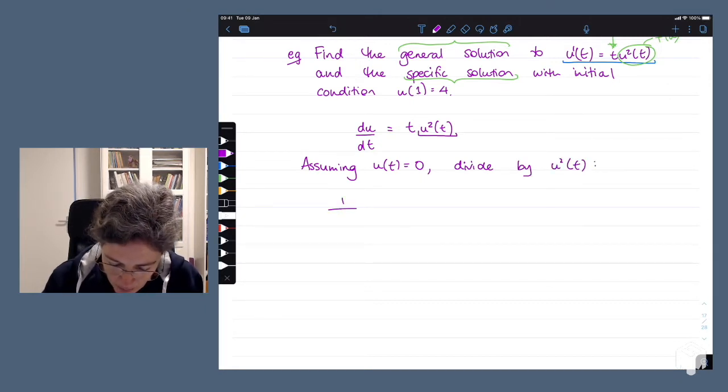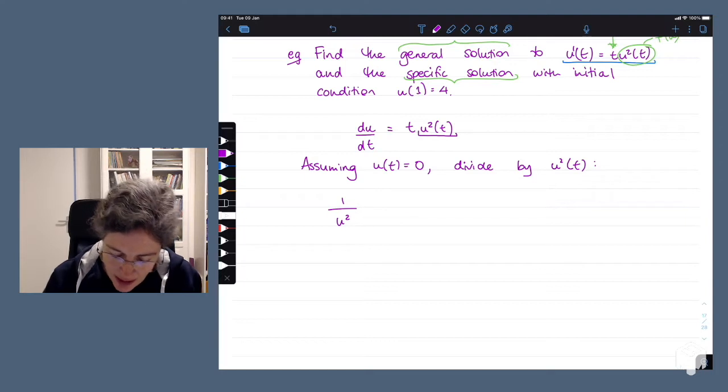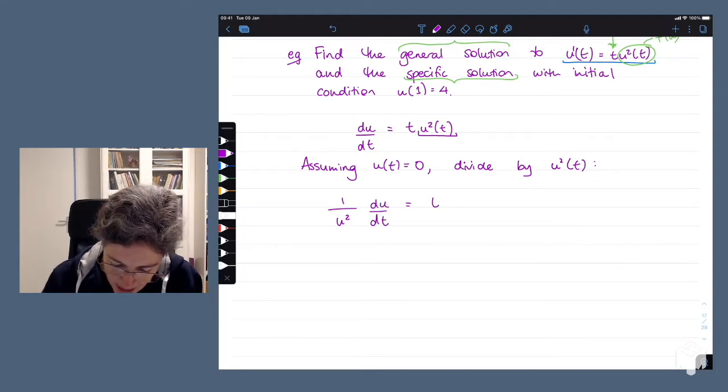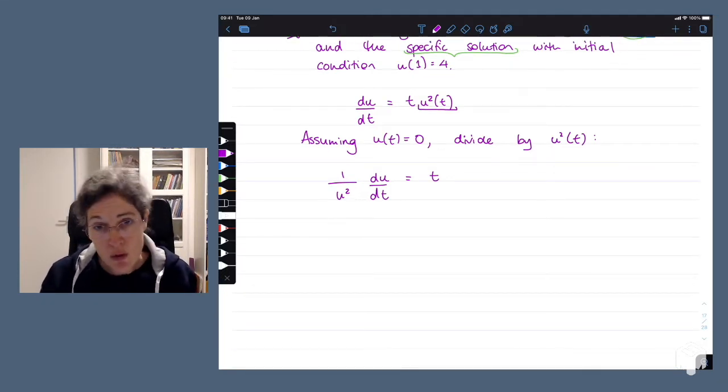So we get 1 over u squared, and for notation purposes, I'm going to stop writing the of t. We know that u is a function of t. du by dt is equal to t. Okay, nothing fancy so far. Now what we're going to do is we're going to integrate both sides with respect to t.